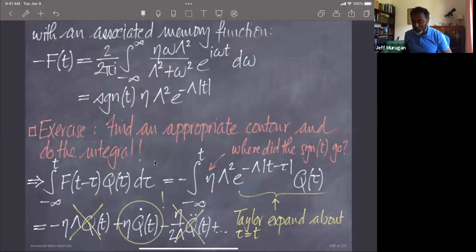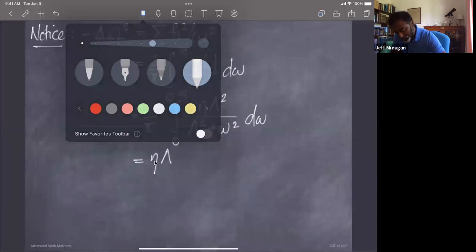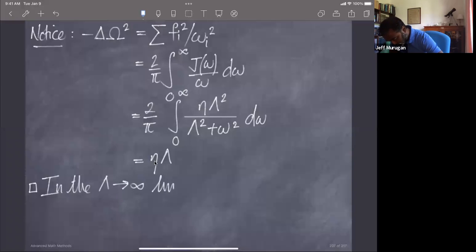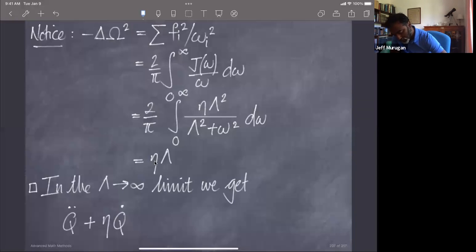In other words, when I send lambda to infinity, so in the lambda to infinity limit, then the equation of motion for q is simply q double dot plus eta q dot plus omega squared q.